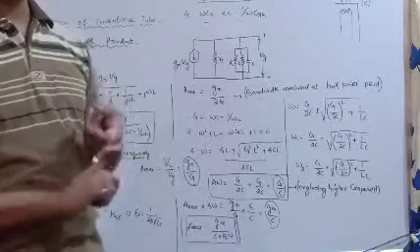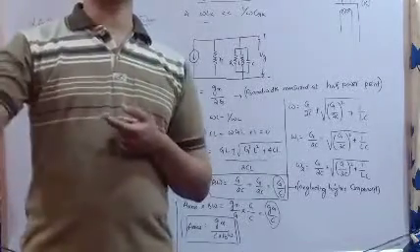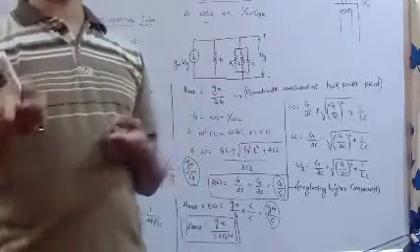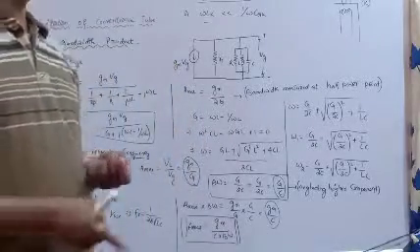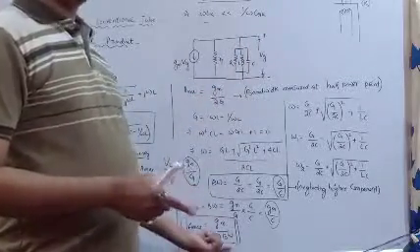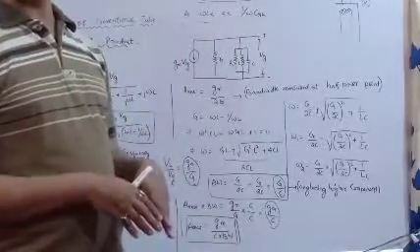If you multiply these two components, your gain is going to be inversely proportional to the bandwidth. If the bandwidth value increases, your gain is definitely going to be less.